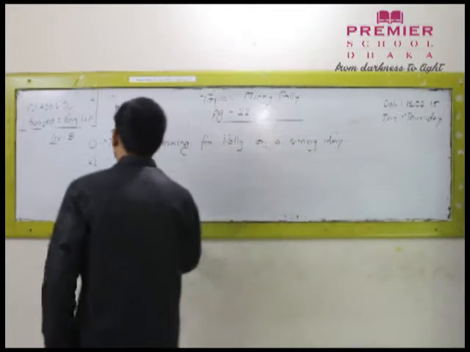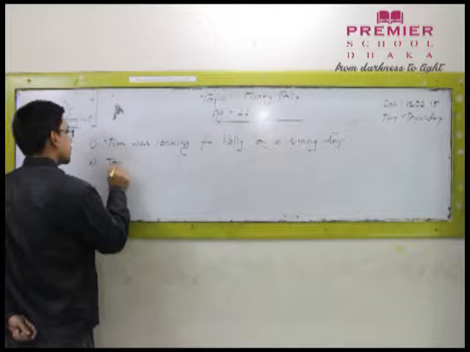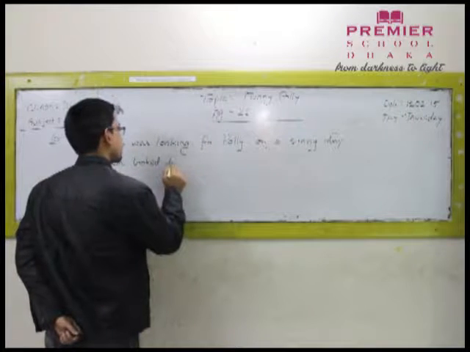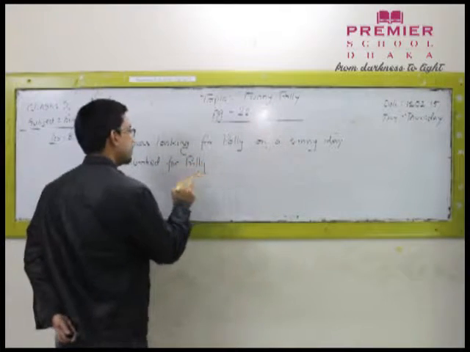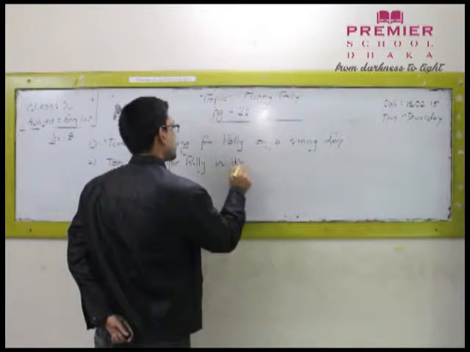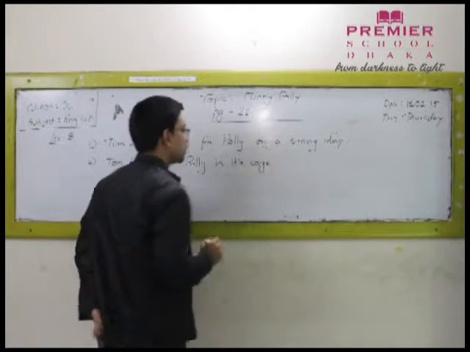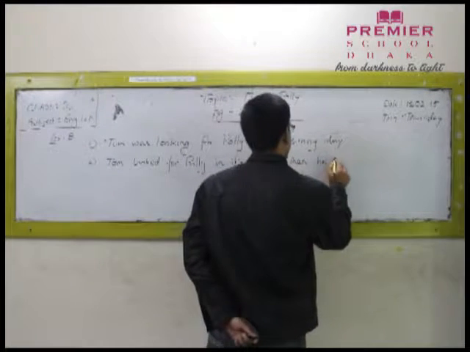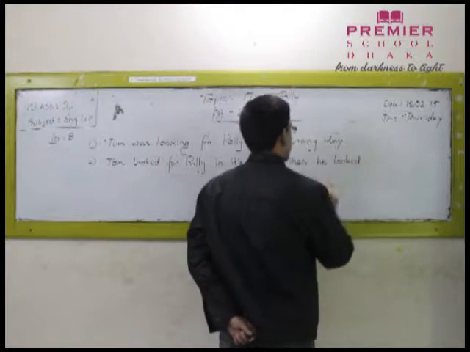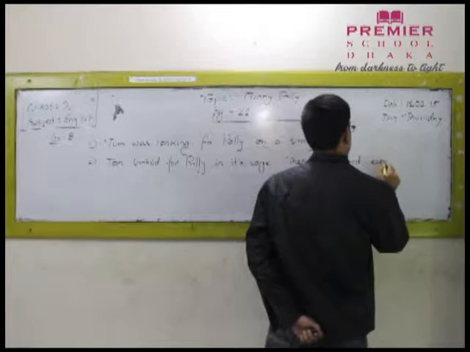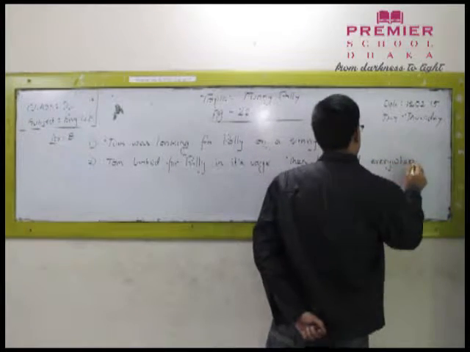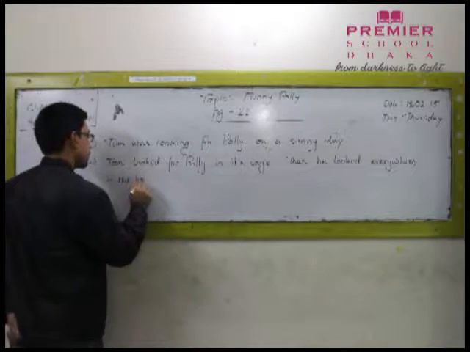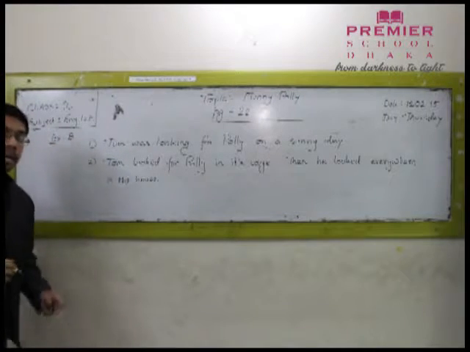Let's write these down. Tom looked for Polly in its cage. Then he looked everywhere in the house.